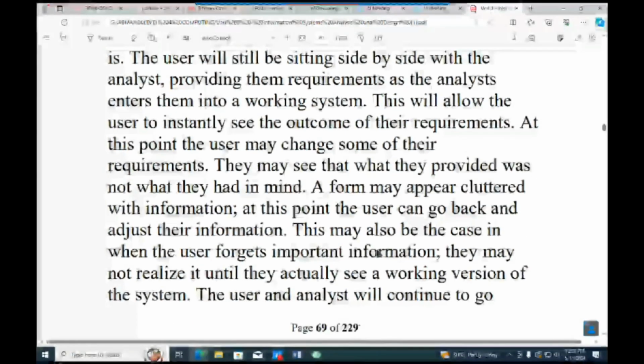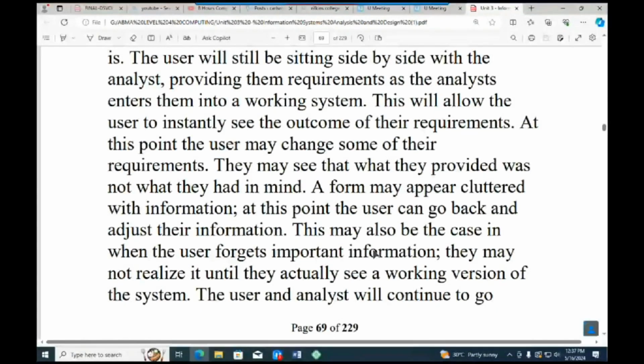If the user sees the requirements at an instance, then at that particular point, the user might change some of the requirements. So they may see what they provided was not what they had in mind, and then they change that requirement.